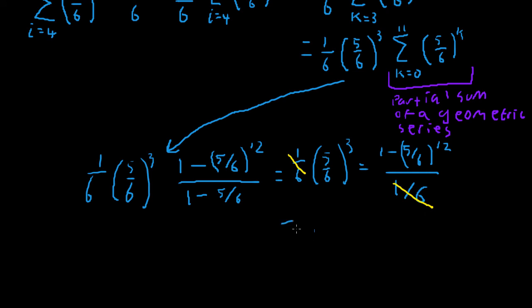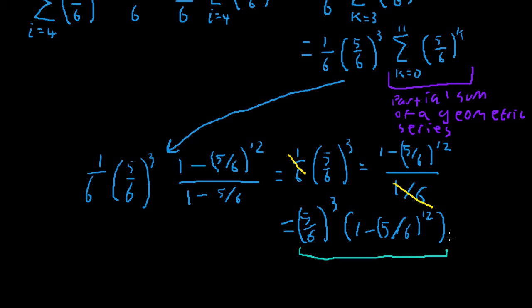So we have 5/6 cubed times 1 minus 5/6 to the 12th. So what are we left with? We can just multiply this through if we want, and that is the simplified form. Kind of a pain, but you've got to remember your geometric series, and then you'll get to geometric random variables, and you'll see how this all ties together.